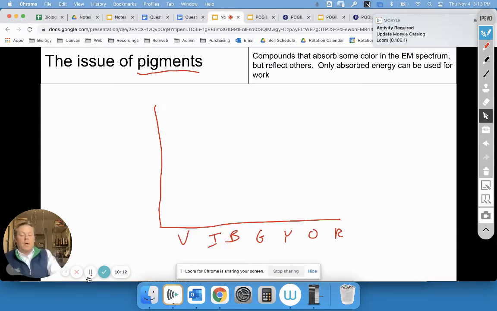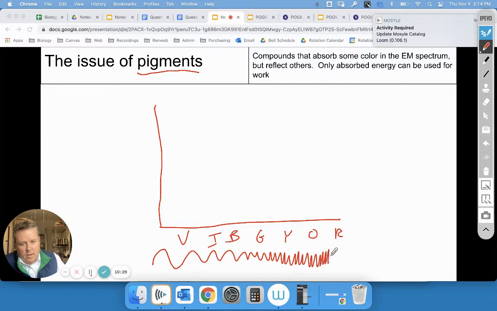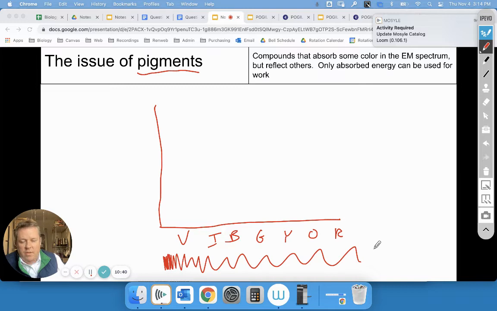Okay, so we have the colors of the spectrum right here. And if you think about the waves of the electromagnetic spectrum, then these are wider, longer, and let me get closer. I did that completely wrong. That's why I did it this way. So you have really short wavelength, and then you get longer and longer wavelengths like that.